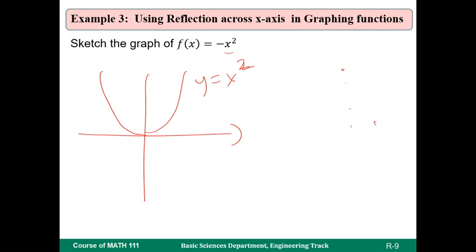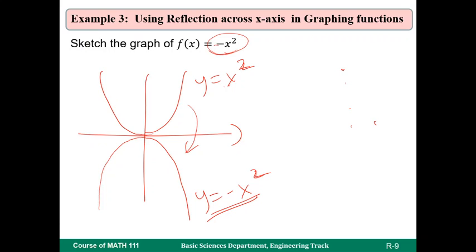But our information says negative x squared, so you have to take the reflection of this graph with respect to the x-axis. So its graph should be this. The graph of y equal to negative x squared is just a reflection of the y equal to x squared graph with respect to the x-axis here. So this will be our graph.